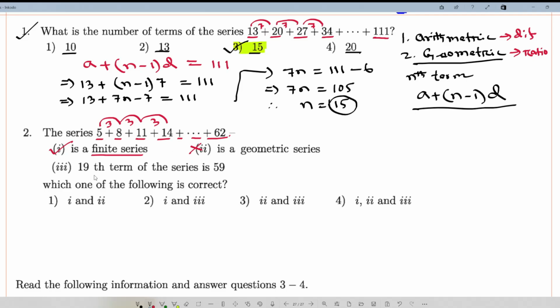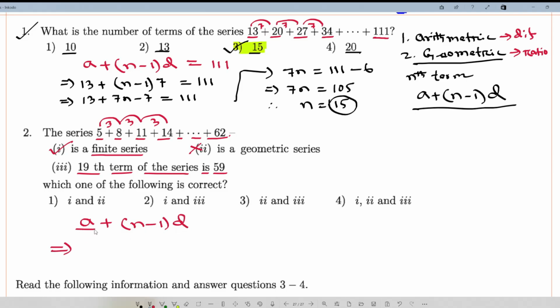And third, the 19th term of the series is 59. So for the 19th term we follow a plus n minus 1 times d.